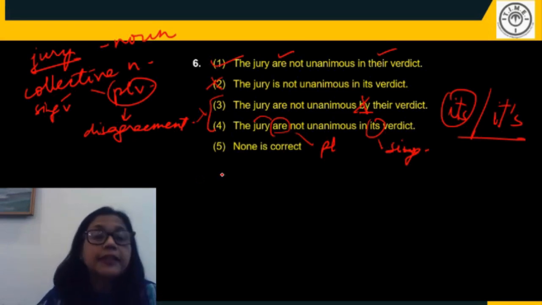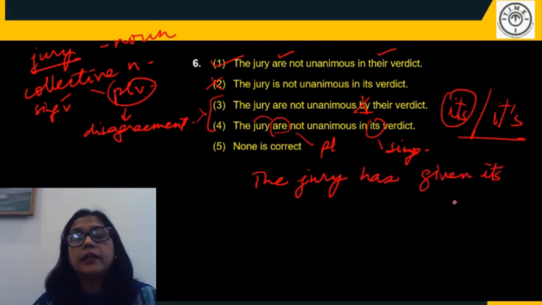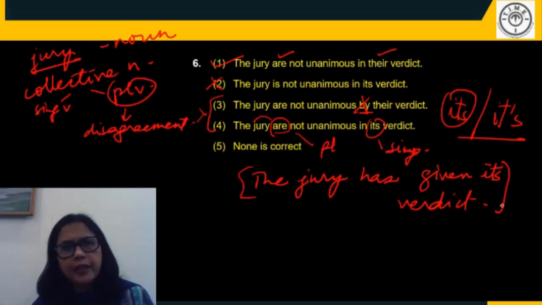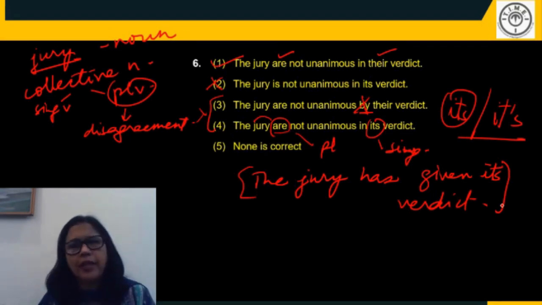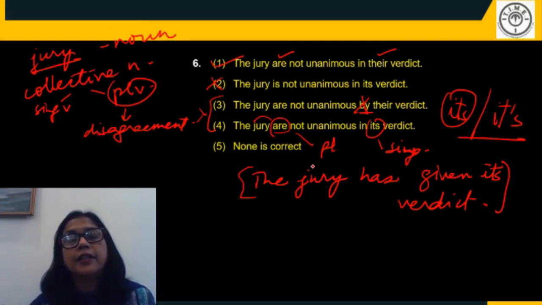See, for a sentence like "the jury has given its verdict," it is fine. There's one verdict that the jury has given, whether it is a unanimous one or a majority one, irrespective of that, we will consider the jury as a single group.